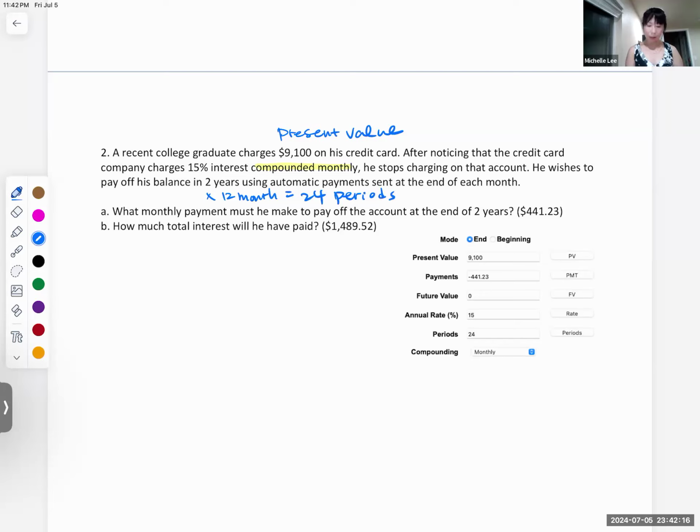And then they say that using automatic payment sent at the end. That's an ordinary annuity, right? Okay, we are using end here, same end.